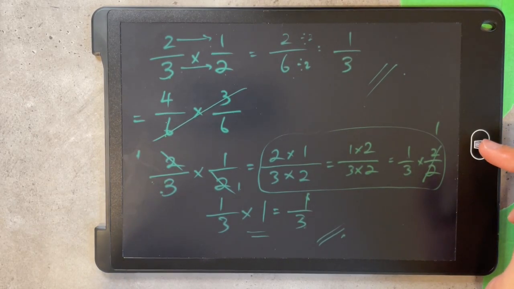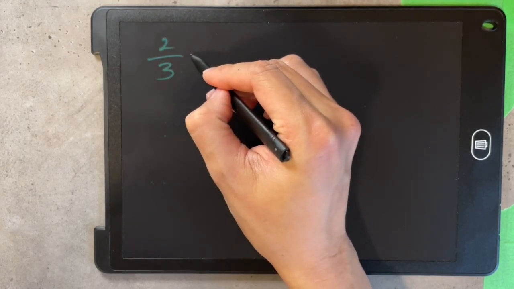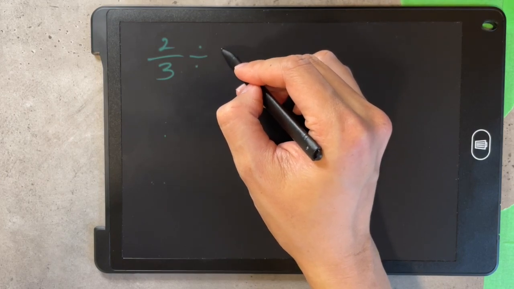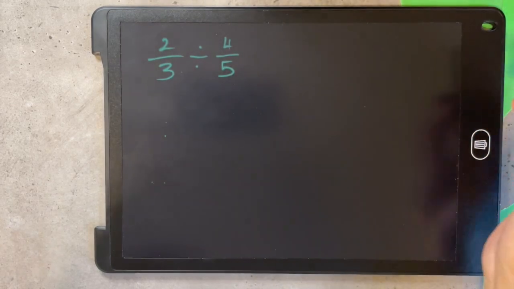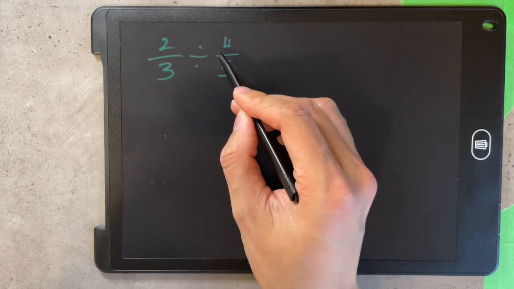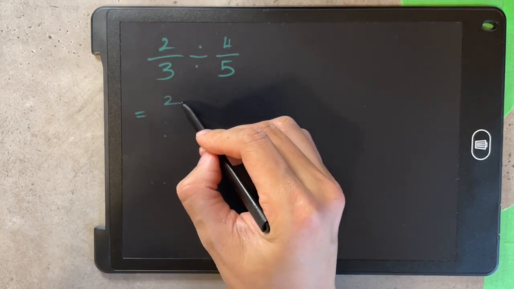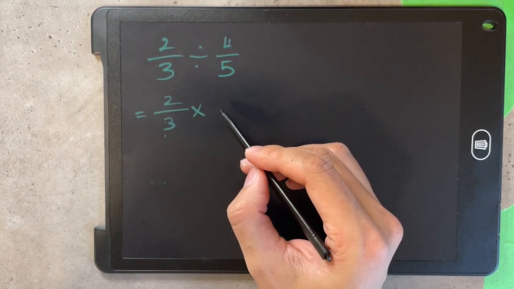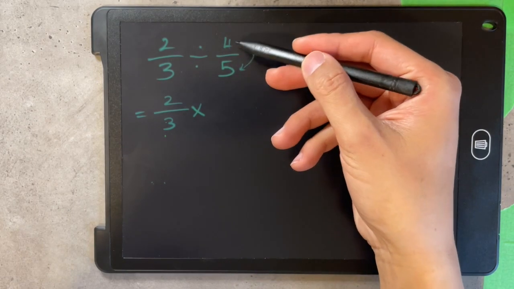For division, it's a little different too. Let's say I have 2 over 3 divided by, let's say, 4 over 5. Okay, so when you're dividing, what you need to do is change the sign into a multiplying sign, and then you take the reciprocal, which is you flip the fraction.